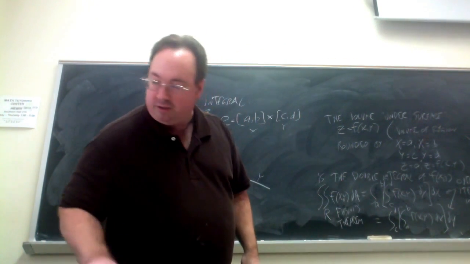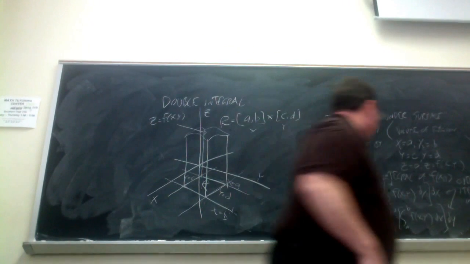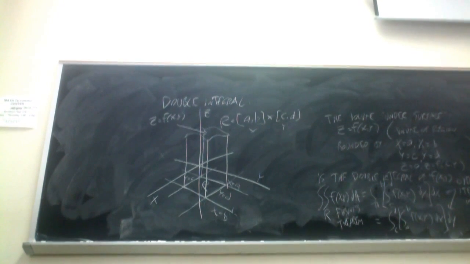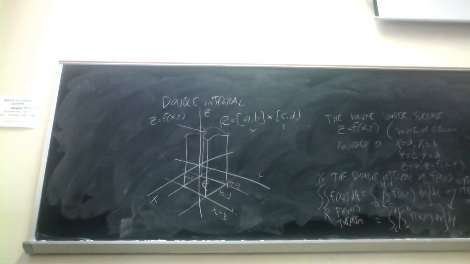So I'm going to use the last few minutes here, so don't pack up yet, to do a simple example. Double integral of x squared y plus x y cubed dA over rectangle R. It goes from 0 to 1 in x.